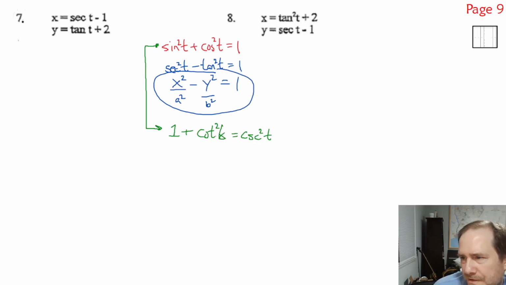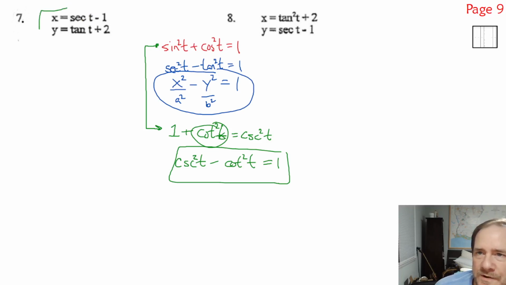Yeah, these are supposed to be t's. So that would mean that we could also use an identity where cosecant squared t minus cotangent squared t equals 1, because I would subtract this from both sides.